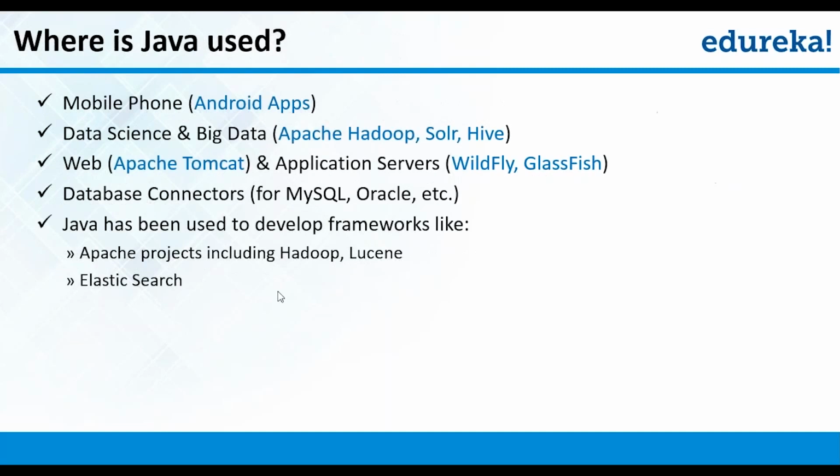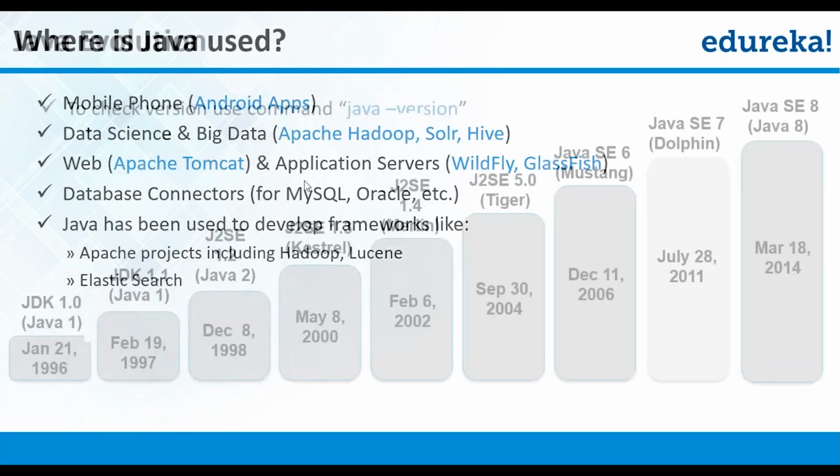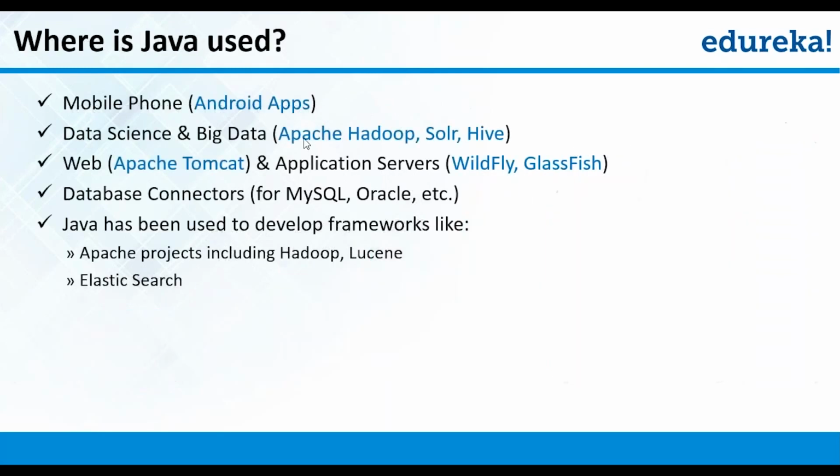Yeah, exactly. I said a short while back that these frameworks are all written in Java. Apache Hadoop, or Apache Solr, which is a search framework, is completely written in Java. Other search libraries like Lucene, or Elasticsearch, are 100% written in Java.